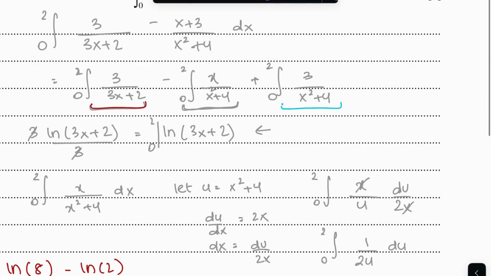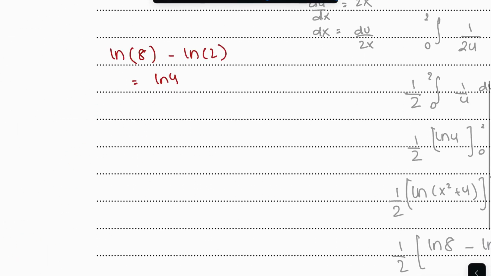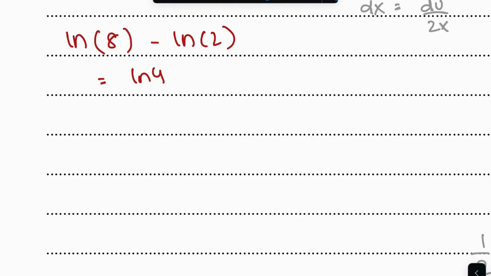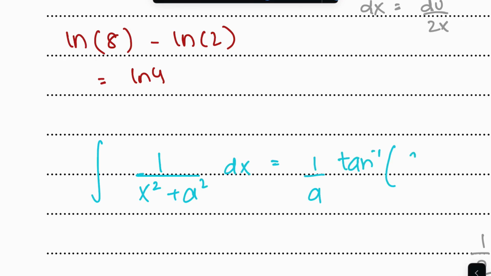Now for this third part, we need to use a rule that was given in our formula book, in our list of formulas. So let me write it down for you here. It is the integral of 1 over x squared plus a squared dx is 1 over a tan inverse of x over a.